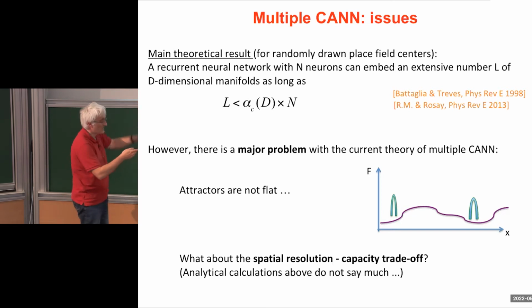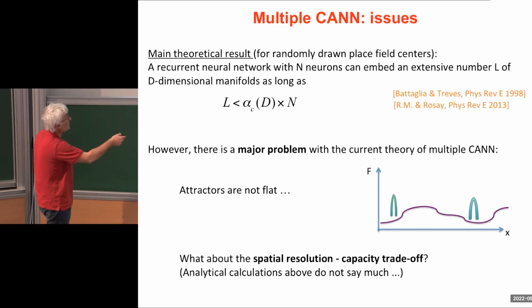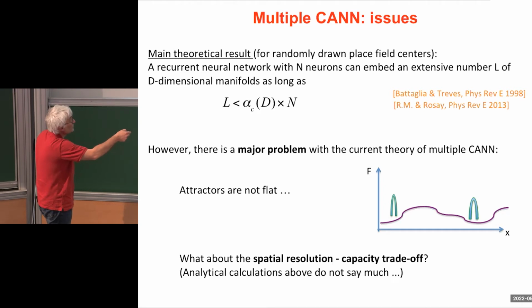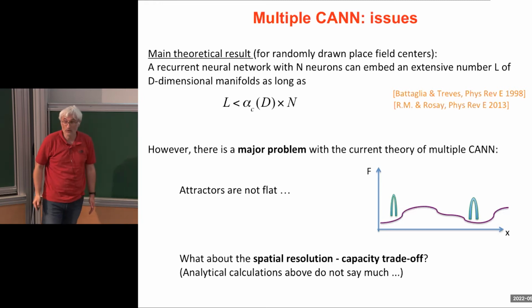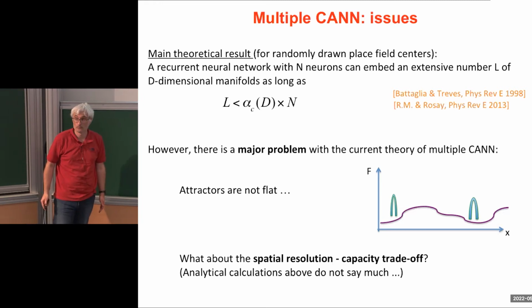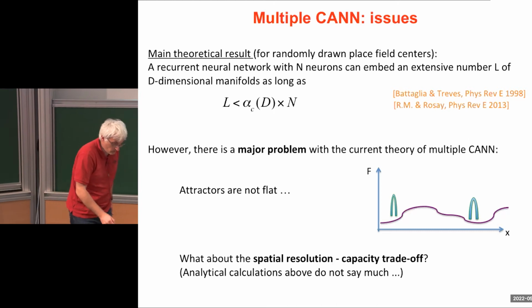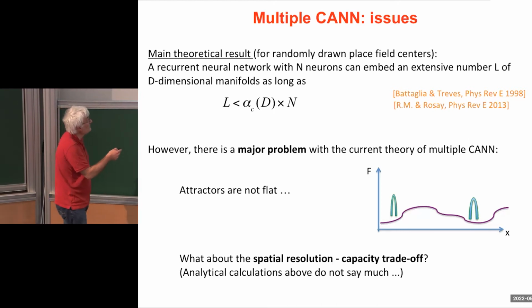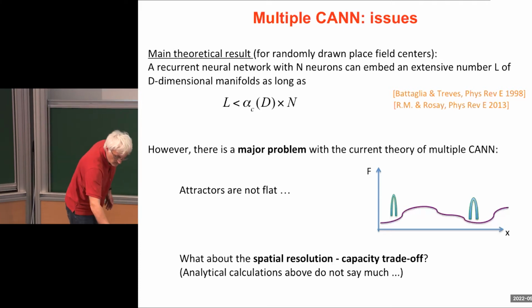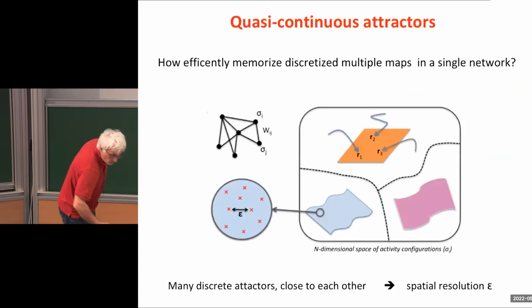So my landscape is not flat at all, and it will create just by chance some wells where my bump can be trapped, and you see the distance between these two positions can be large. So I get a very bad spatial resolution. So this is not telling anything about this spatial resolution capacity trade-off I was mentioning before.